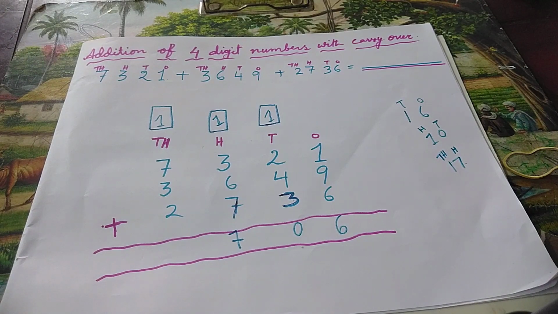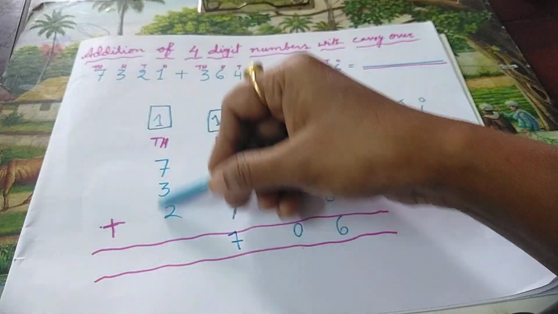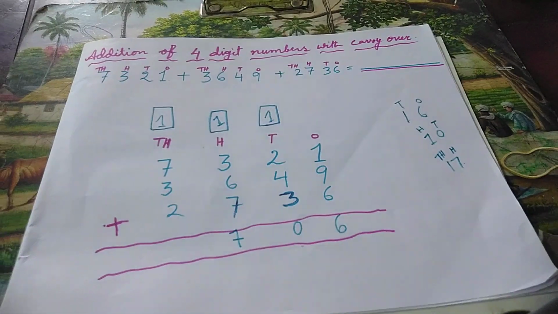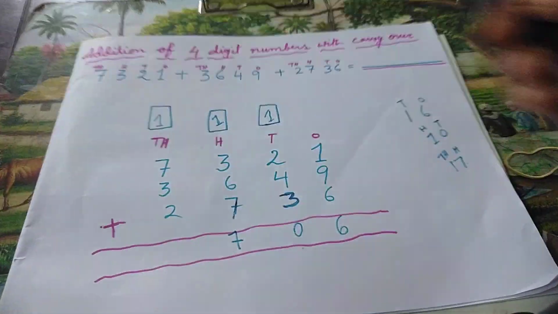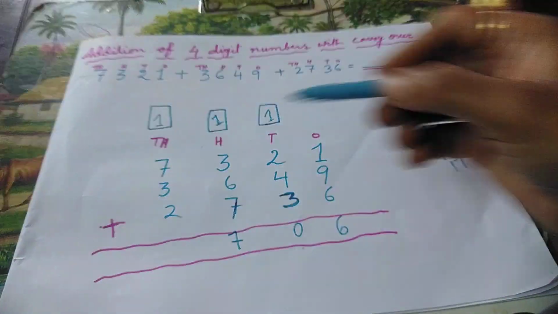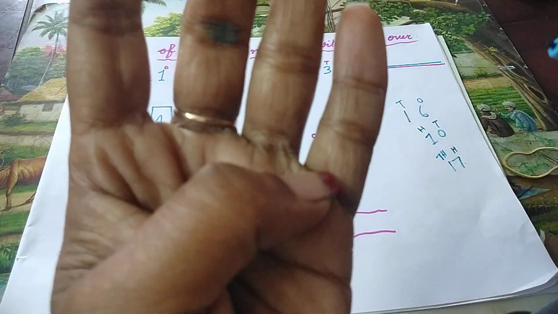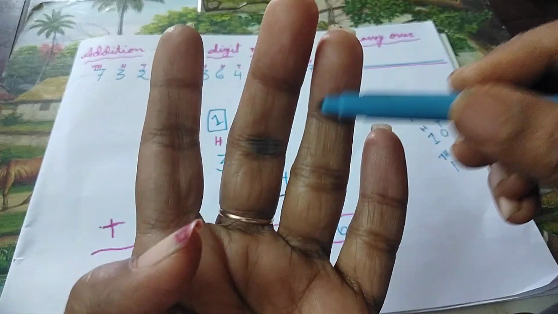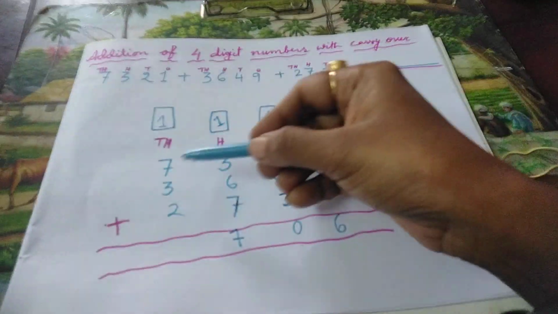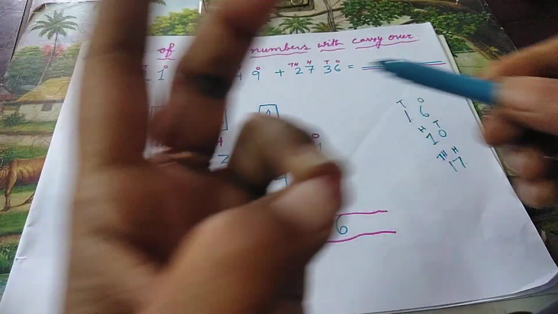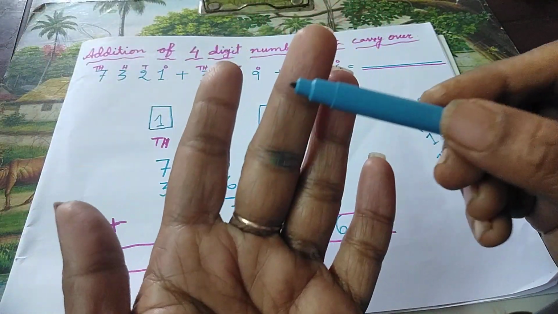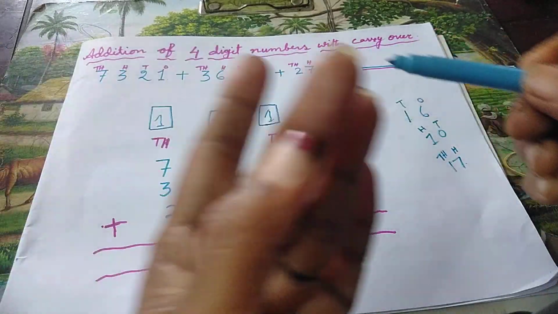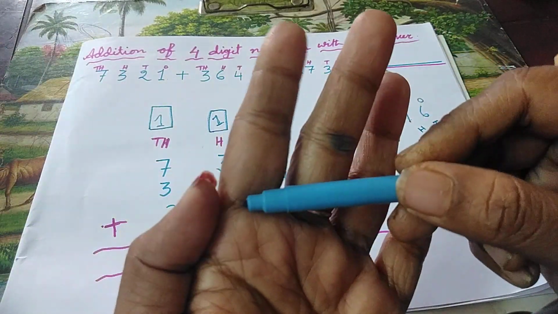Okay. Now add all the digits those belong to thousands place. The first is 1. Count 1. The second is 7. Count more 7 lines from the next line. 1, 2, 3, 4, 5, 6, 7. Okay. The third digit is 3. Count more 3 lines. 1, 2, 3. Okay. The last digit is 2. Count more 2 lines. 1, 2.